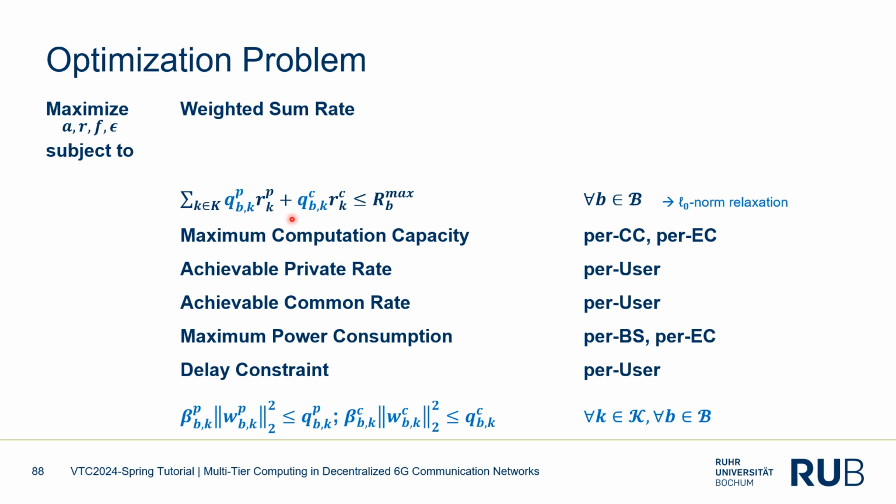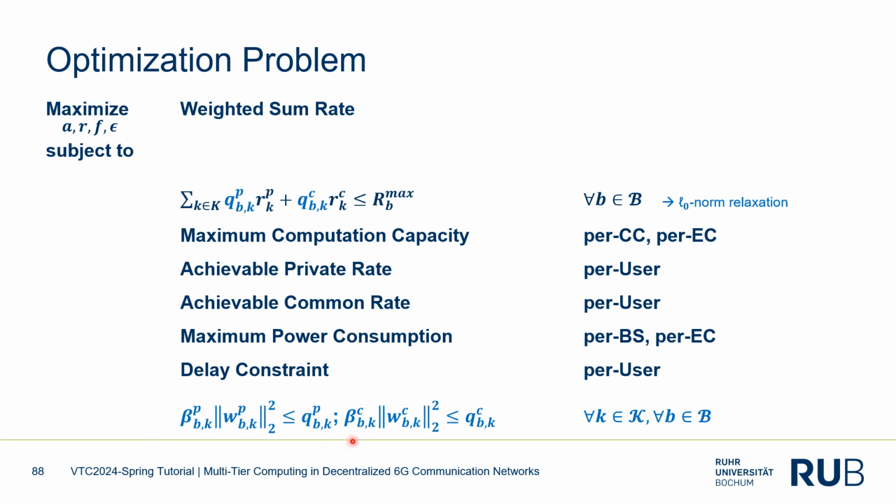And this is the association variable q, which tells us whether the private message of user k will be served by base station B. This tells us whether the common message of user k will be served by base station B. And if this is a yes, then these rates will contribute to the overall fronthaul link capacity of that base station B.